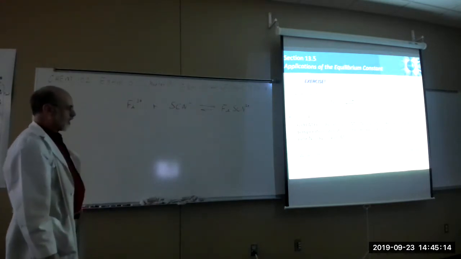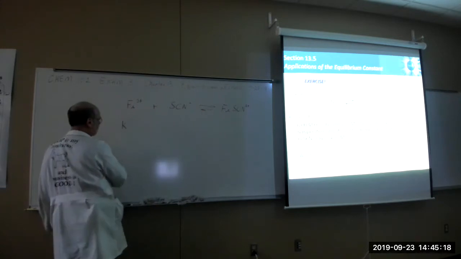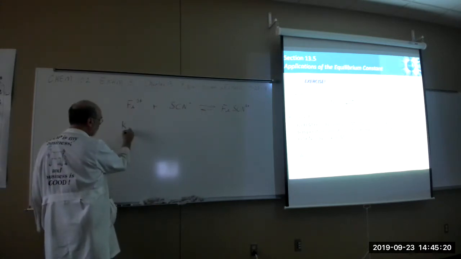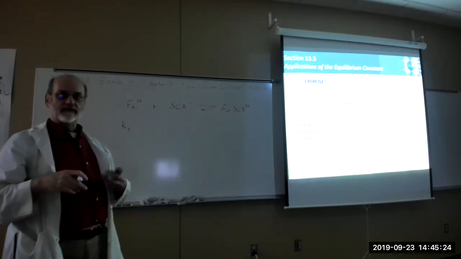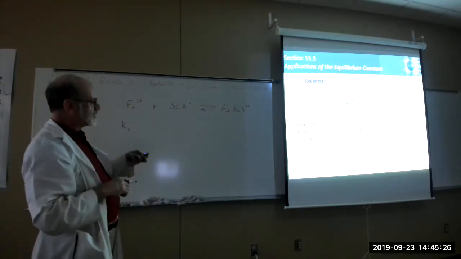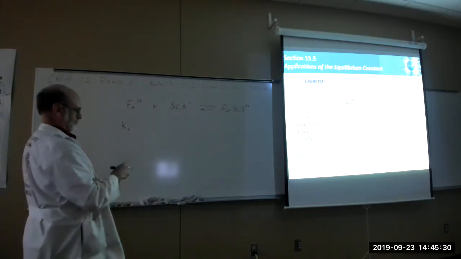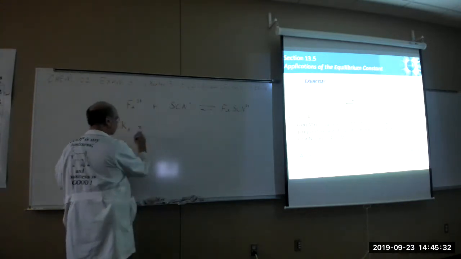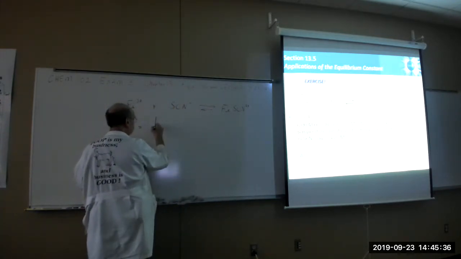So what would the expression be for that one, for the equilibrium expression? And this is actually one where you would have the little f, the equilibrium constant of formation. We're taking this ion with that ion and making that ion. So our equilibrium expression would be the concentration of that.